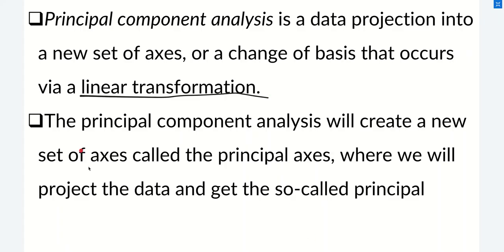Once you do your transformation, you get your principal axis. Your principal axis is where we project the data and get the so-called principal components. The principal components are the sigma values that we are going to pay attention to. This is what we are going to use to transform all the matrices.